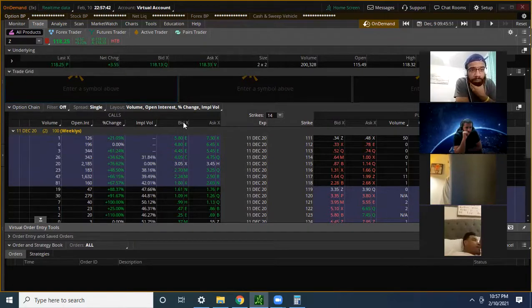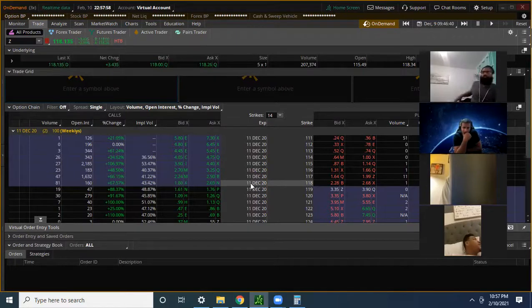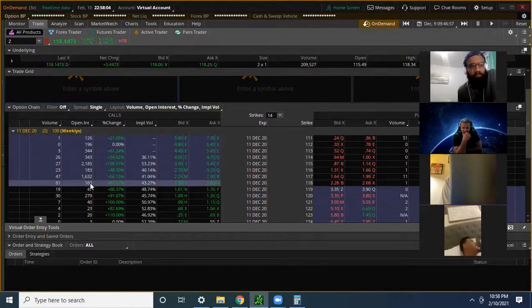So what you want to see in an option contract is open interest, which means how many contracts are open. In this particular case, for the December 11th contract, strike price 118, we have 160 contracts open.